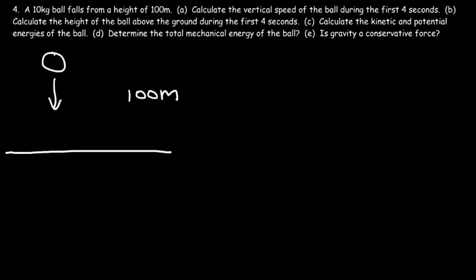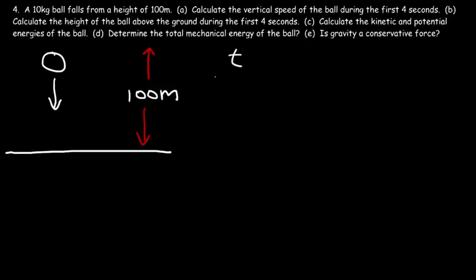A 10 kilogram ball falls from a height of 100 meters. Calculate the vertical speed of the ball during the first 4 seconds. So let's say this is the ground level, and here's a ball, and it falls down from 100 meters above ground level. How can we calculate the vertical speed of the ball during the first 4 seconds?